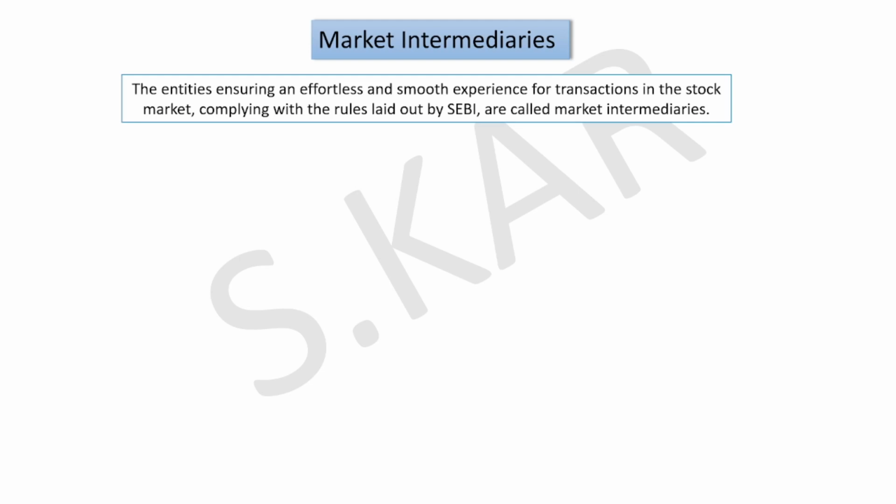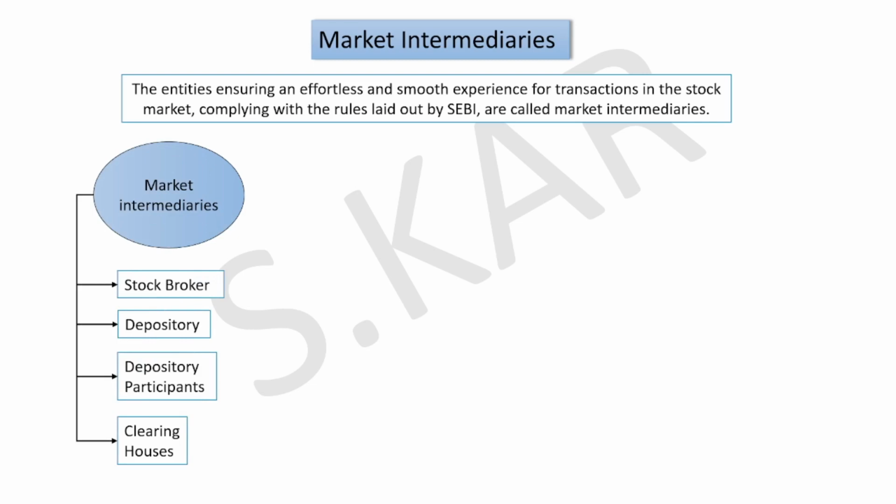And every one of them has their individual and independent roles in achieving this aim. Okay, and also they have to comply with the rules that are laid out by SEBI.